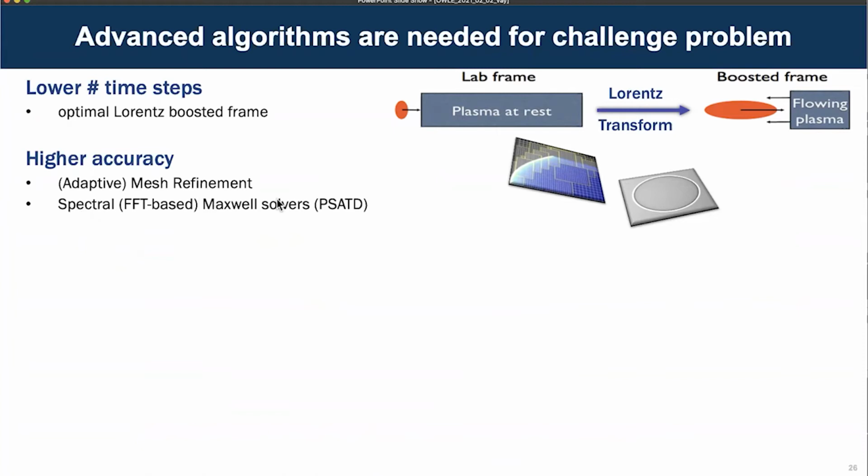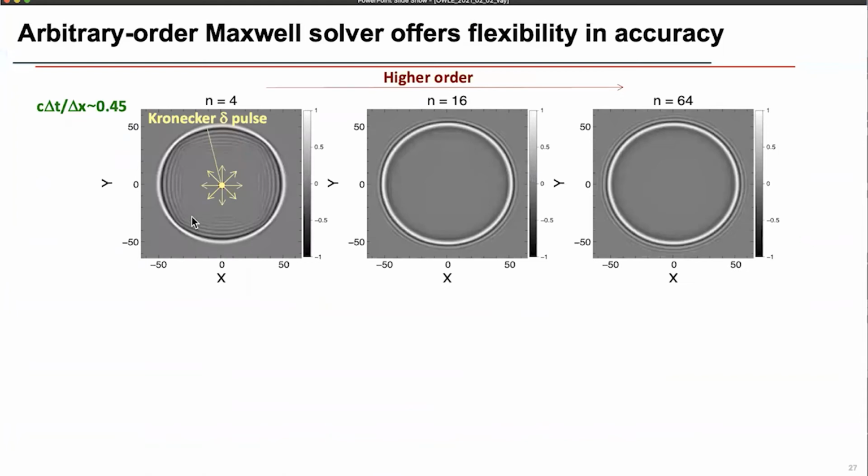So in addition, we're using these spectral solvers. The reason for this is that standard finite difference solvers have so-called numerical dispersion, which means that the speed of the electromagnetic wave in vacuum is not the speed that it should be because of numerical discretization.